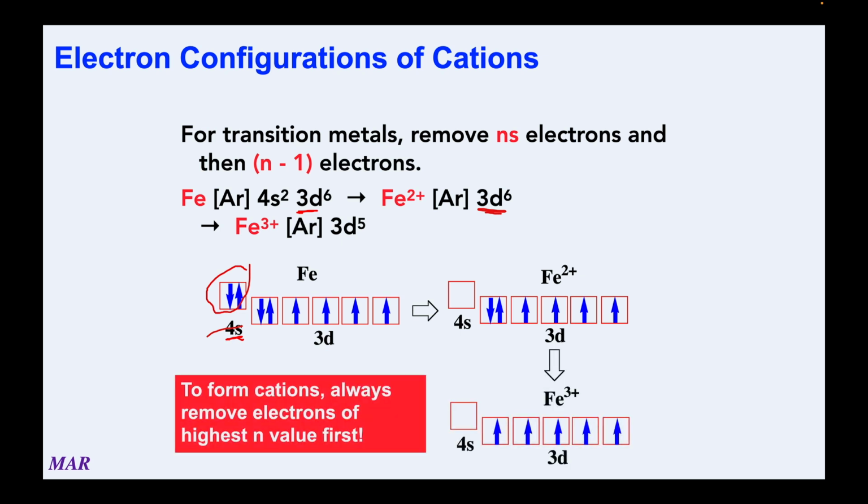So iron plus 3 would have a 3d5 configuration, etc. So you always want to remove electrons from the highest N first when making cations. And spoiler alert, this is big time important for transition metals, lanthanides and actinides, because you almost always remove those Ns2 electrons first before you remove any Ds or Fs.